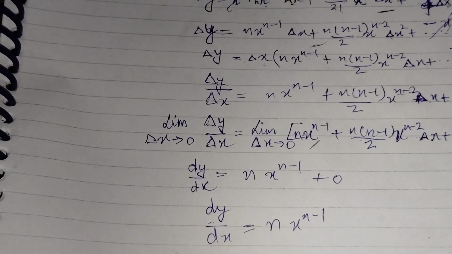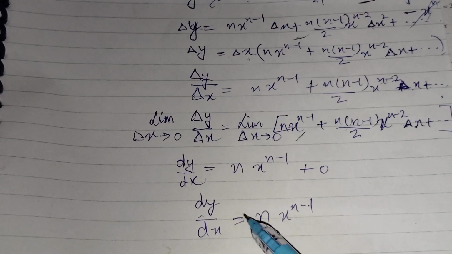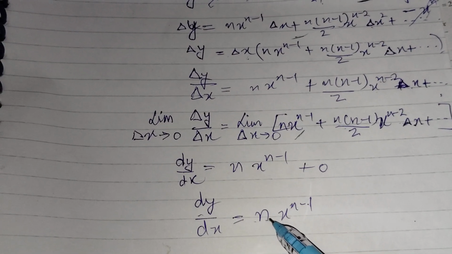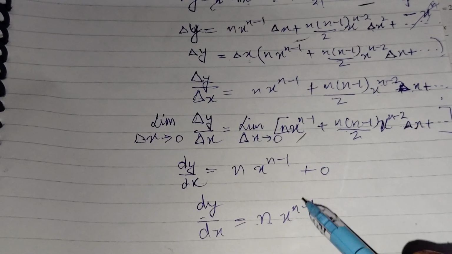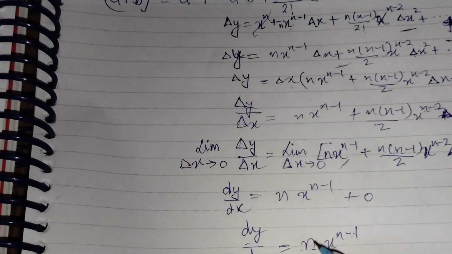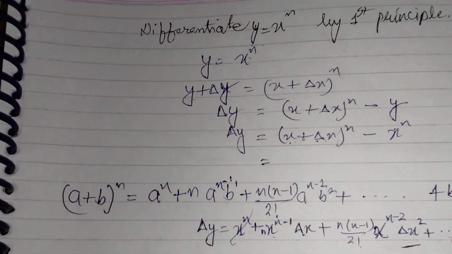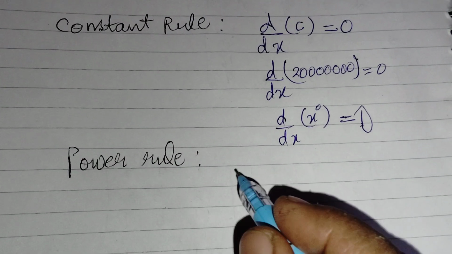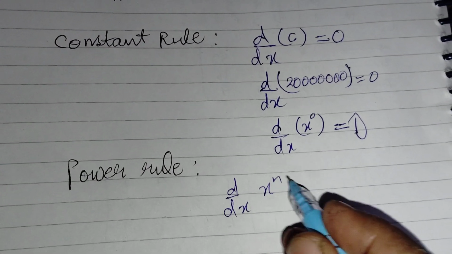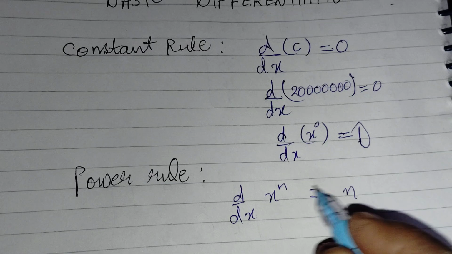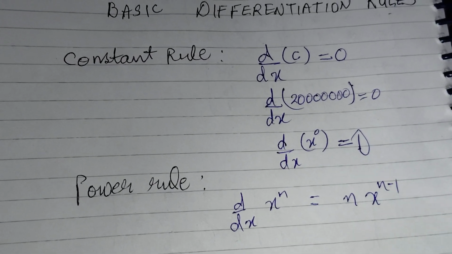So in the power rule, it means the power of x, which was n, comes in front, so we get n, then x power n minus 1, the power decreases by 1. We can also derive this rule by first principle. So the power rule says the differentiation of x raised to power n is always n, the power comes in front, and the power of x decreases by 1.